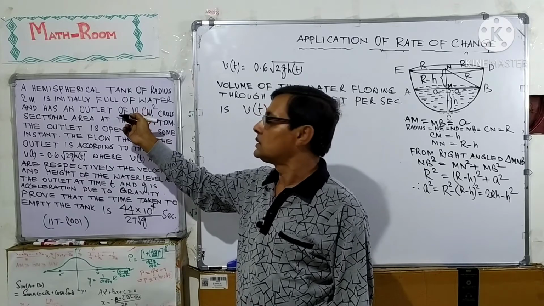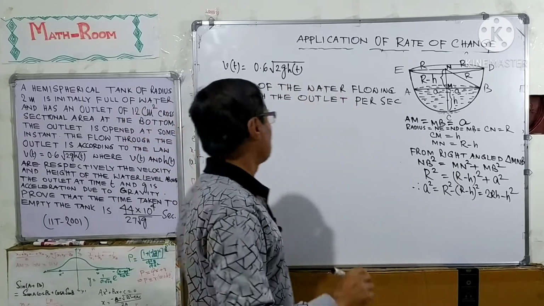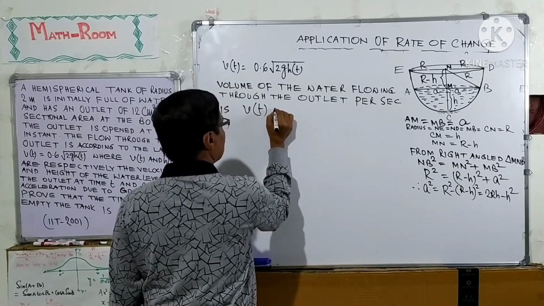The cross sectional area is 12 cm square.